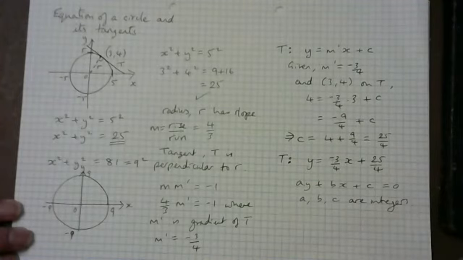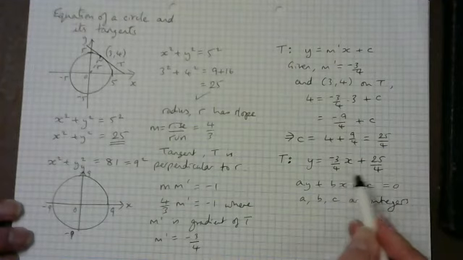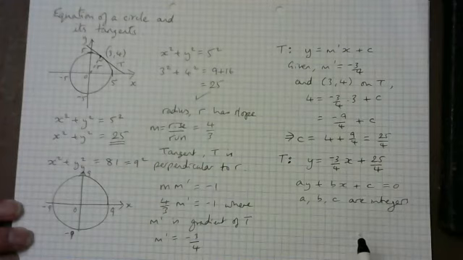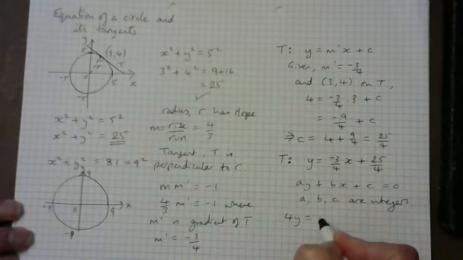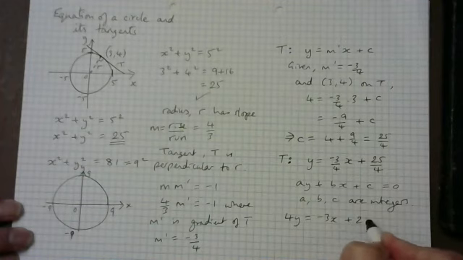That means they're whole numbers, which we don't have at the moment. So let's begin. We've got 4 on the bottom and 4 on the bottom. So we multiply by 4. 4y equals -3x plus 25.